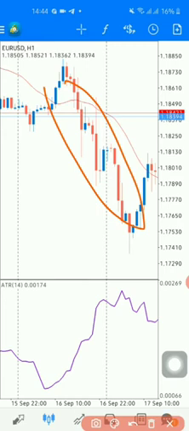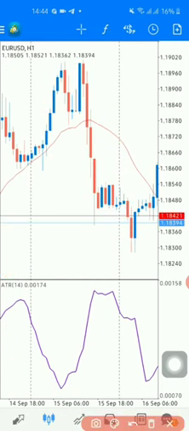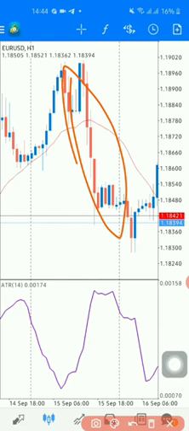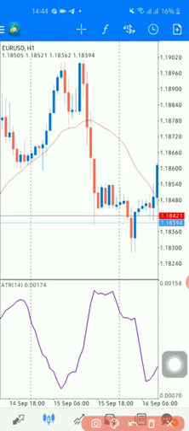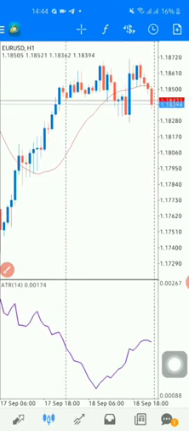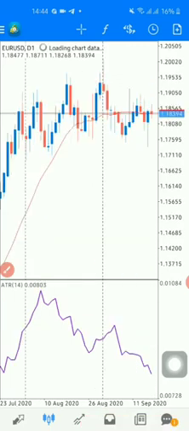There is a movement here that we can capture value from, and then there are some ranging markets here, which shouldn't last long. Actually, the market ranges 70% of the time and trends 30% of the time. Your goal as a trader is not to lose your money when the market is ranging.